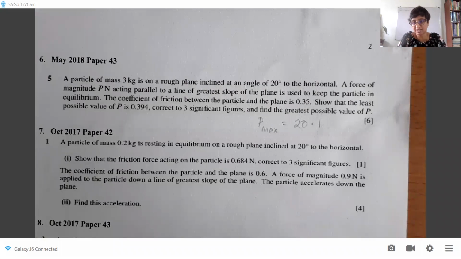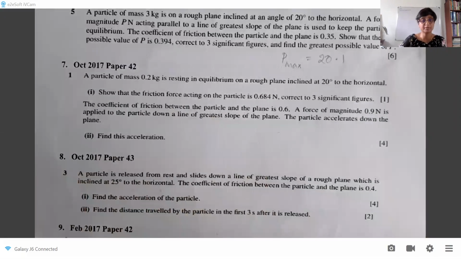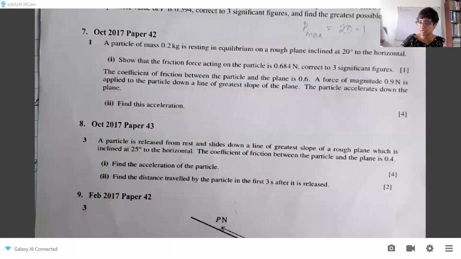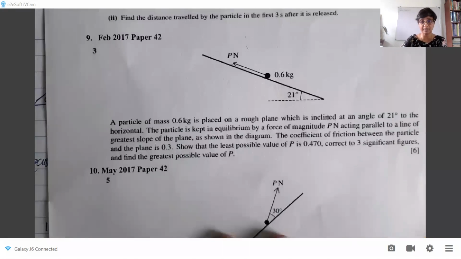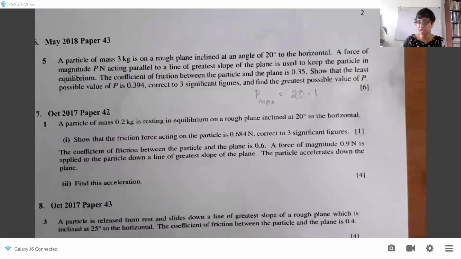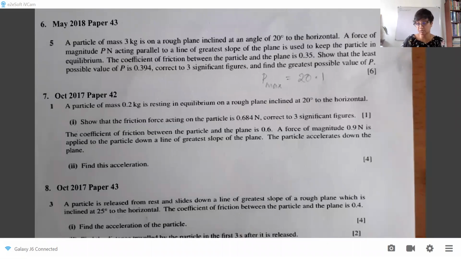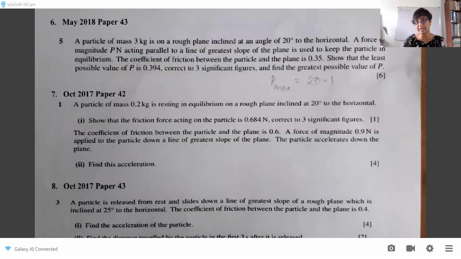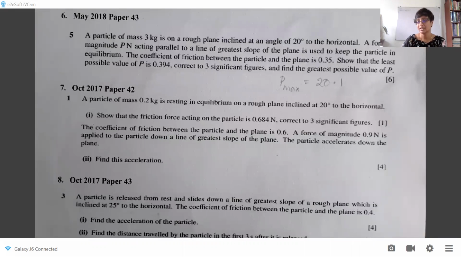Now we have 2 options. Ideally I would like us to complete all this. There are 4 more questions under friction in this worksheet. I would like us to complete that before we start the next topic, which is connected particles.